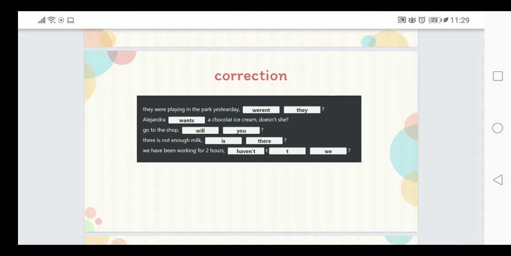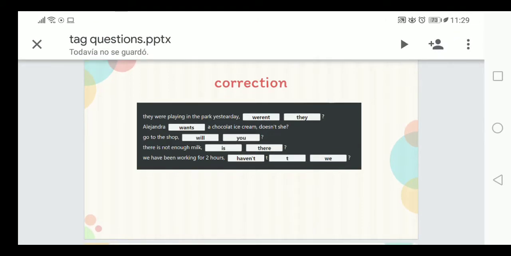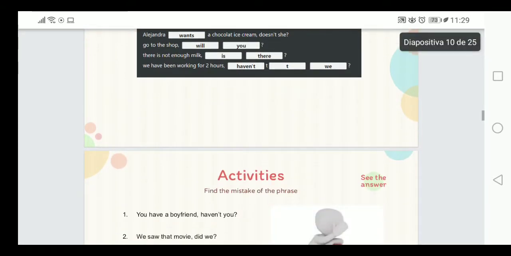Remember that the pronoun in this case is there. We have been working for 2 hours, haven't we? This is a present perfect continuous, so you need to use haven't or have as the auxiliary in present perfect.